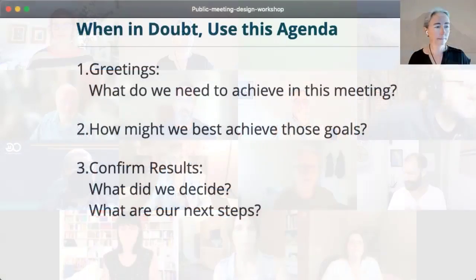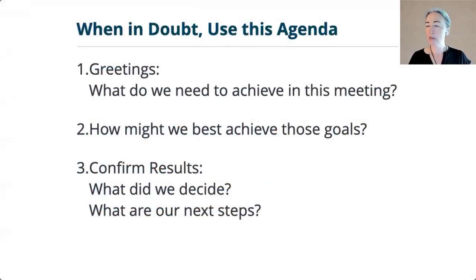So when in doubt, when you walk into a meeting and it hasn't been designed before, you don't know what it's about, use this agenda. Begin by sharing greetings and asking everybody, what do we need to achieve in this meeting?